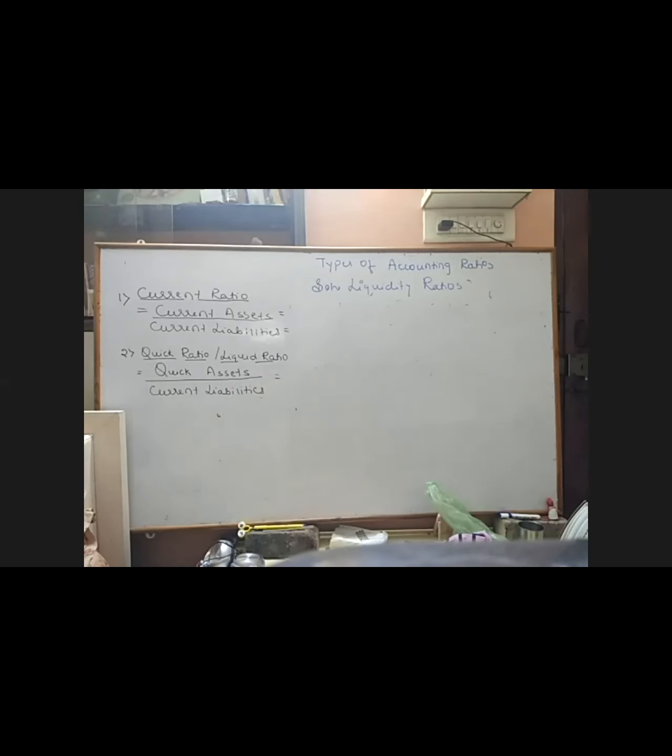Under that, first you note down current ratio equal to current assets divided by current liabilities.